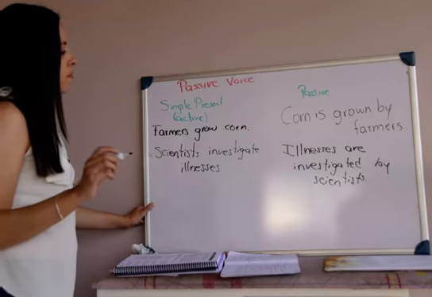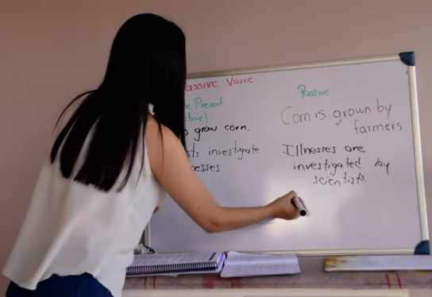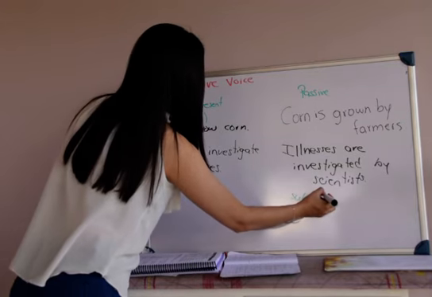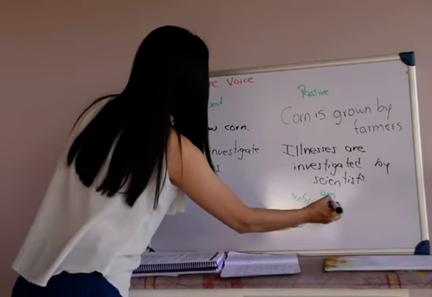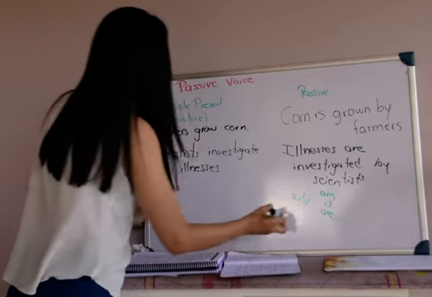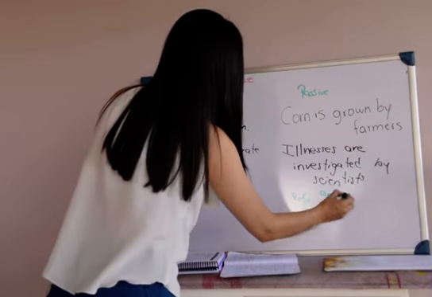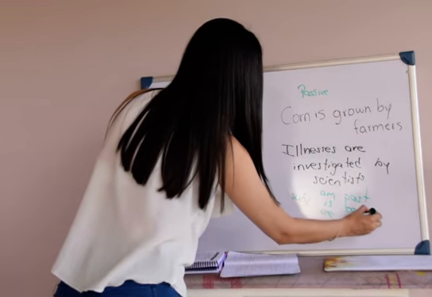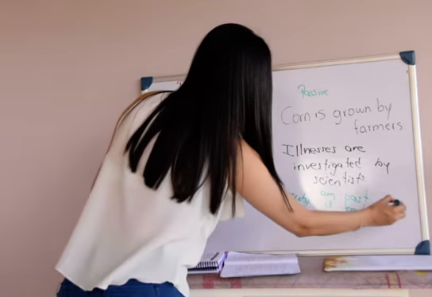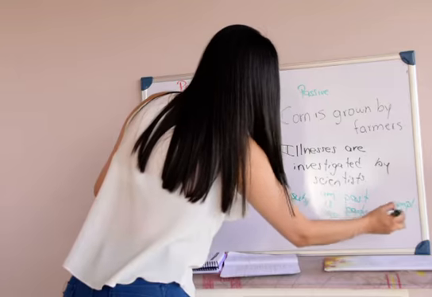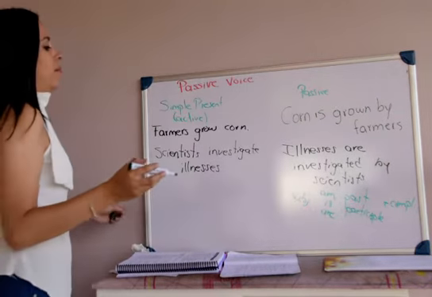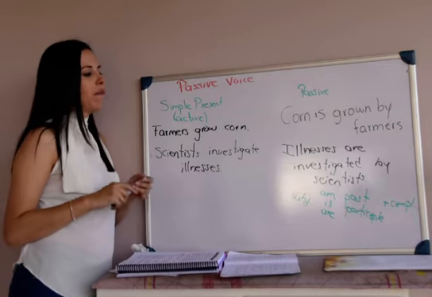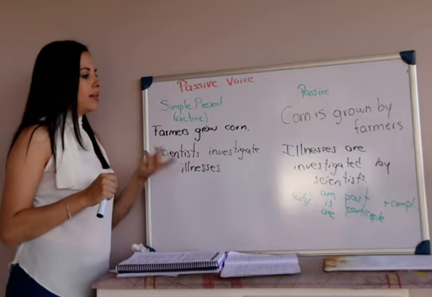In passive voice we have the subject, the verb to be, the past participle, and the complement. That will be the structure, the formula to write passive voice sentences in simple present.